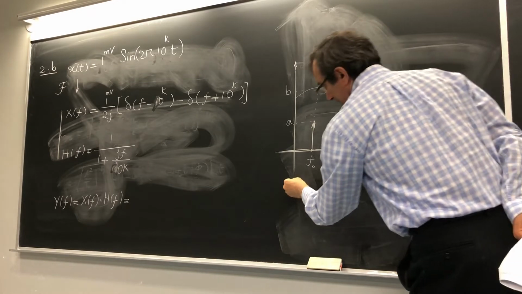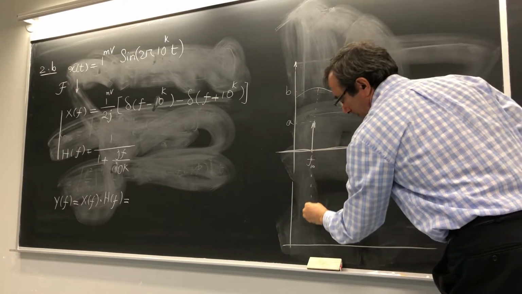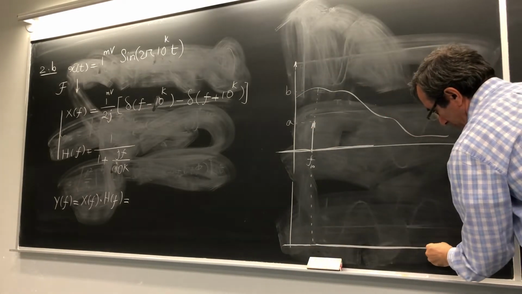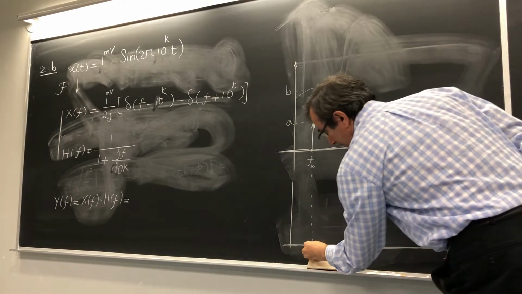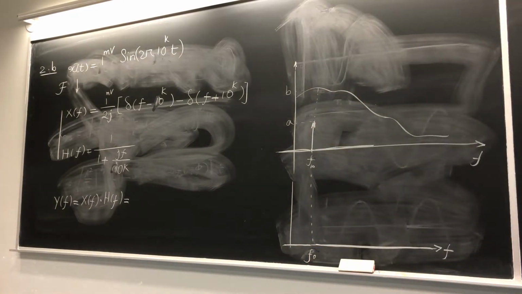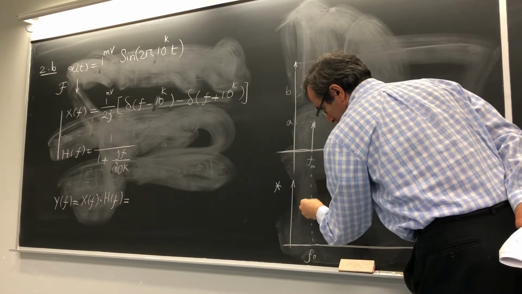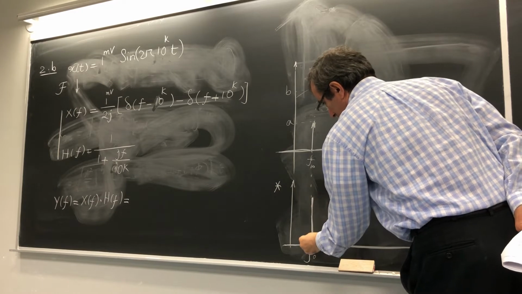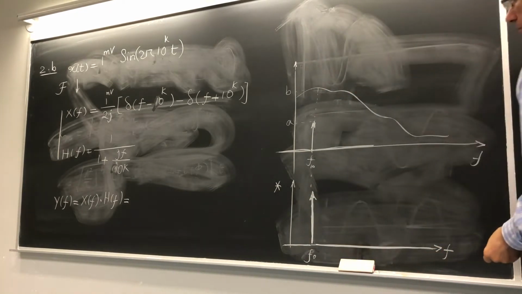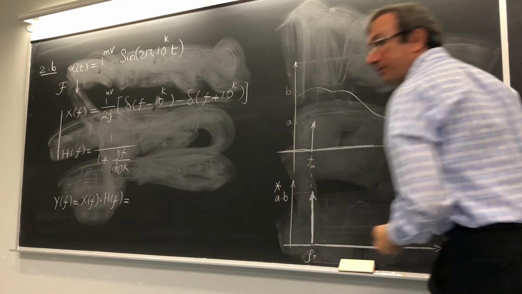So the result would be zero everywhere but at f naught, and that's going to be a delta function at f naught with the amplitude of a times b.